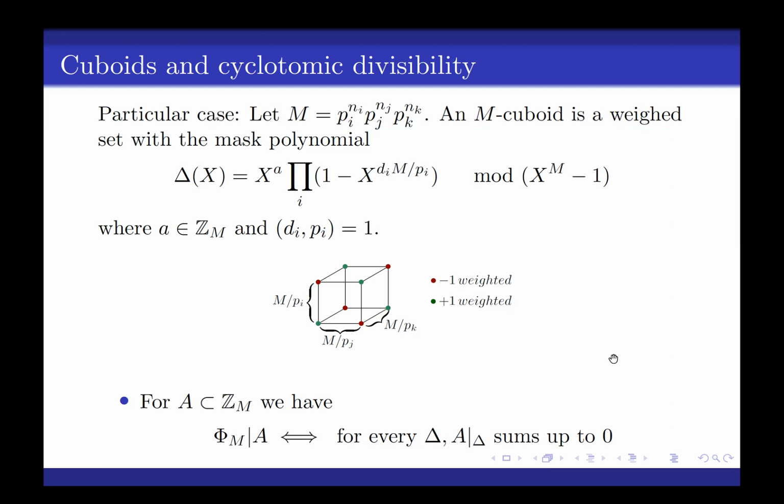So combined with A, delta and A share all the cyclotomic factors which correspond to a divisor of M, and that kind of gives you the result you see at the bottom. You still have to show something, but this is essentially the reason why this is true.